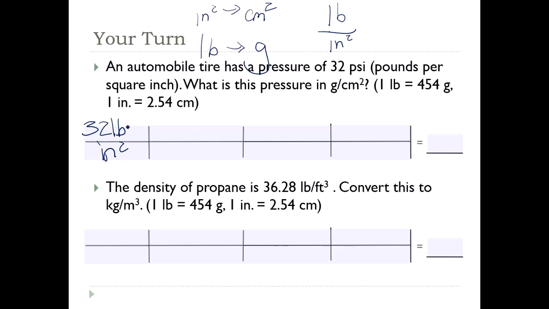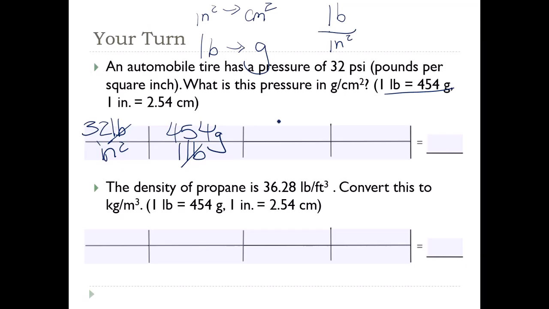So 32 pounds per inch squared. So let's go from pounds to grams first. And we're given this conversion factor: 454 grams per 1 pound. And then we have canceled pounds. Now we have grams per inch squared.